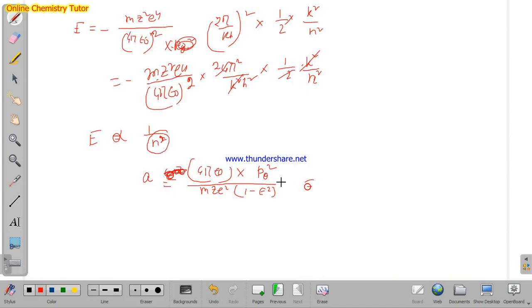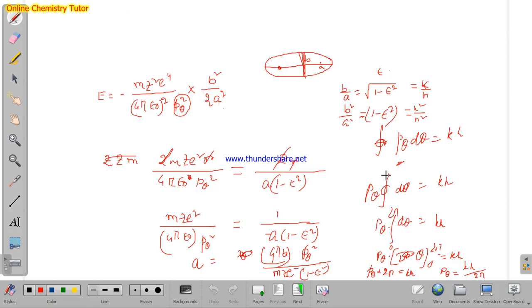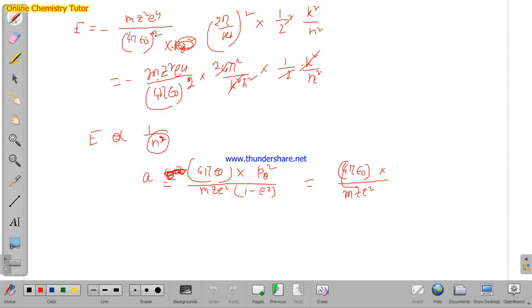So what is the value of p theta? We put the value of p theta, that is kh by 2 pi, in 4 pi epsilon naught by m z square into p theta square. So we put the value of k square h square by 4 pi square.